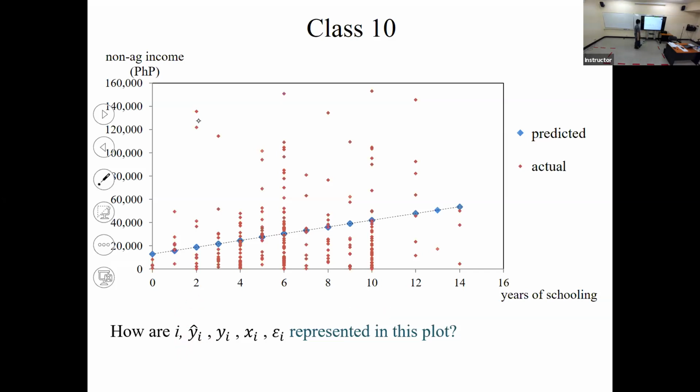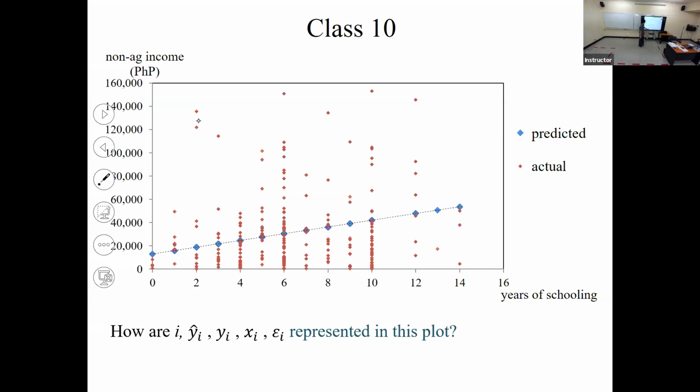I already explained yesterday, this i is an indicator of observations, in this case, household. This one without hat is the actual income. So all these red dots are representation of y.